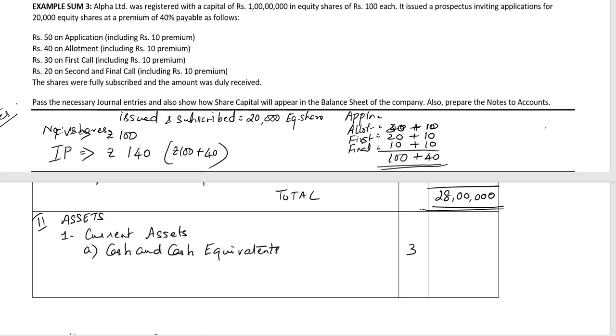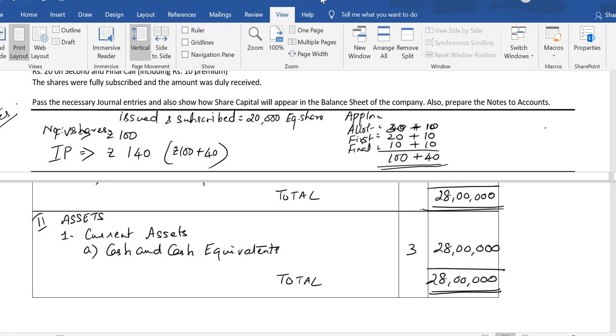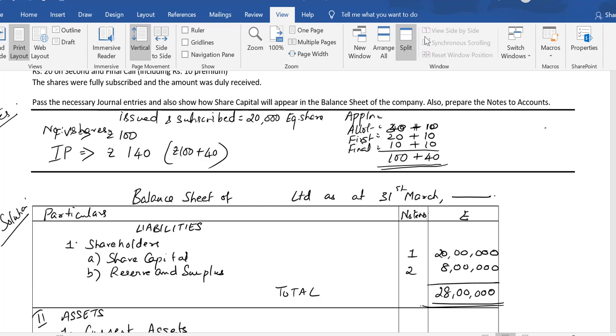Against note number 3, the total cash received by the company Alpha Limited is 28 lakh, and the total of the asset side of the balance sheet is also rupees 28 lakh. We've completed the notes to accounts as well as the balance sheet. I'll remove the split. We can view the answer.